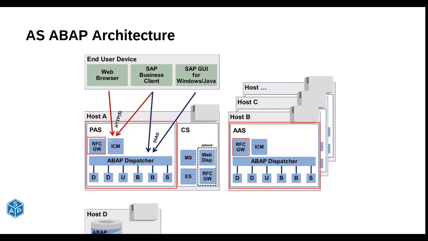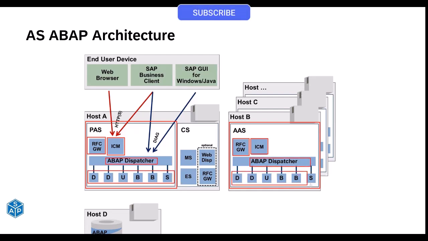You have the ICM process in your additional application server. You have the ABAP dispatcher in your additional application server. These are the work processes. You have the work processes in your additional application server. Can you see any difference over here? No, there is no difference.